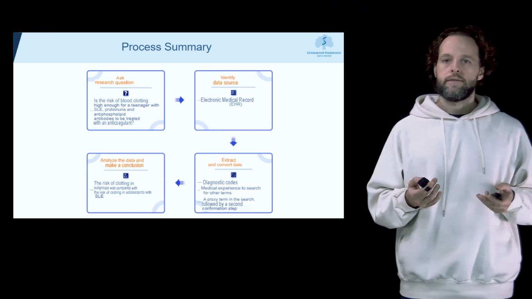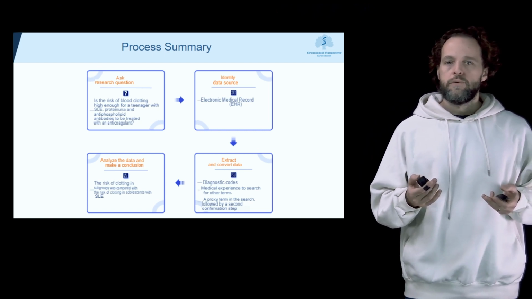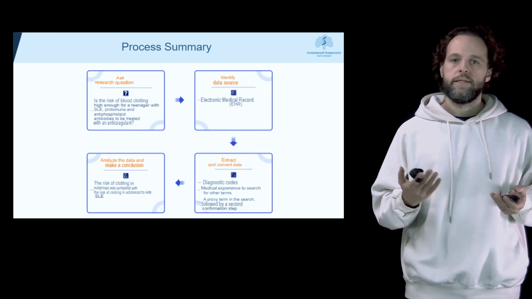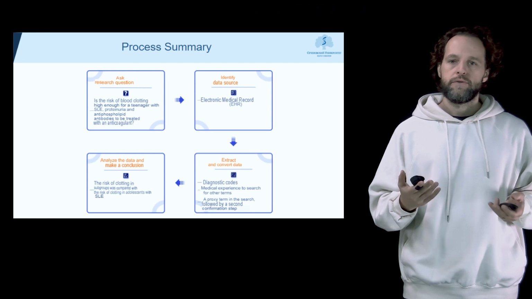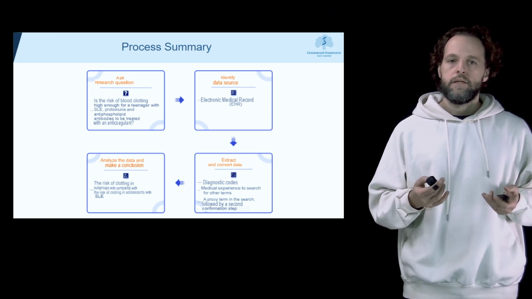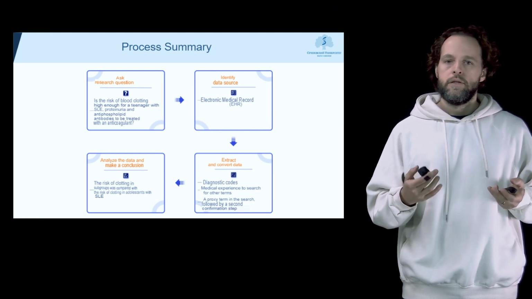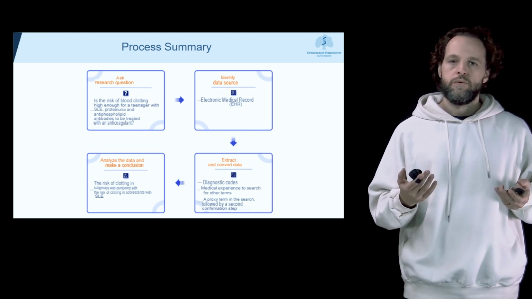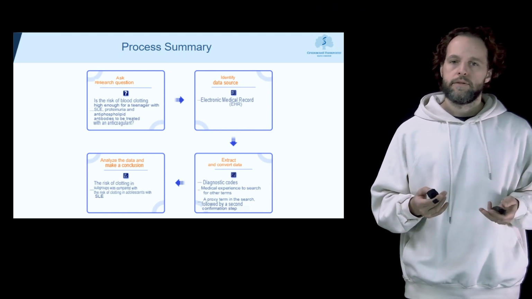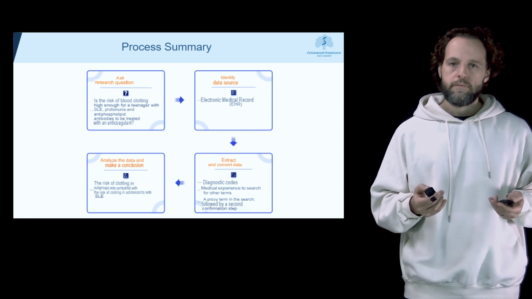In some cases, this involves the data used in the form of diagnostic codes and the use of medical knowledge to search for the right terms. So we will need expert knowledge here. In one case, we used a proxy term in our search, following a step-by-step process, updating our knowledge.